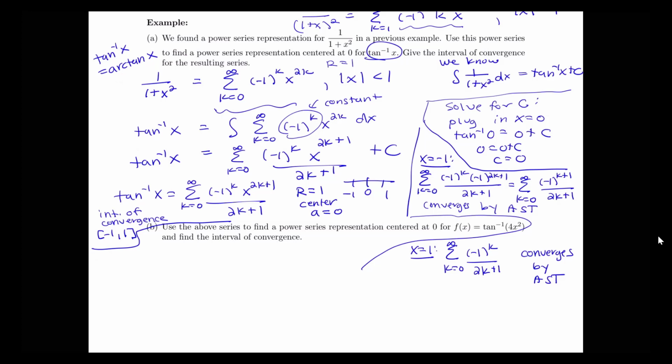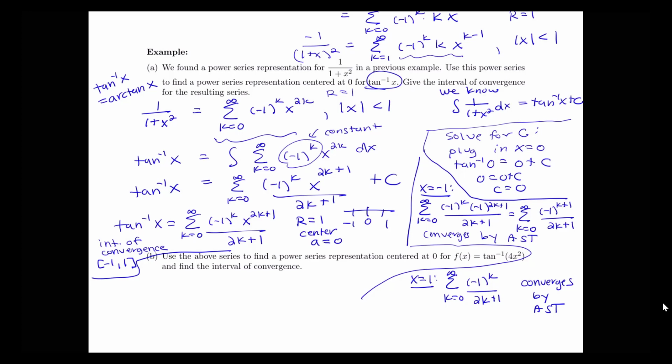So I want the power series here for this inverse tangent of 4x squared. So we have tan inverse of 4x squared equals the sum from k equals 0 to infinity, negative 1 to the k, our 4x squared to the 2k plus 1, all over 2k plus 1.